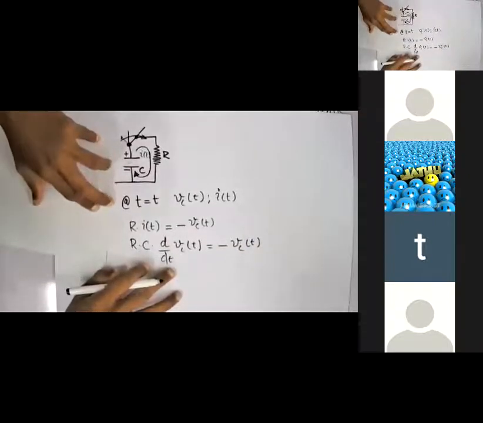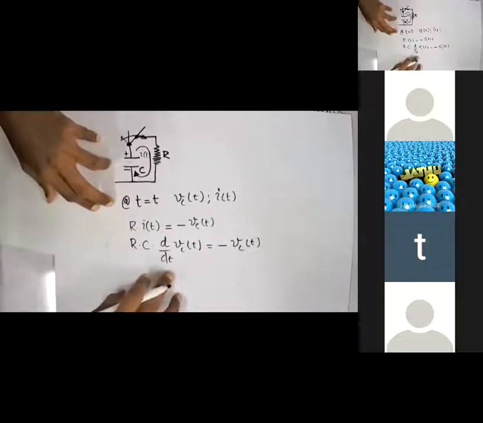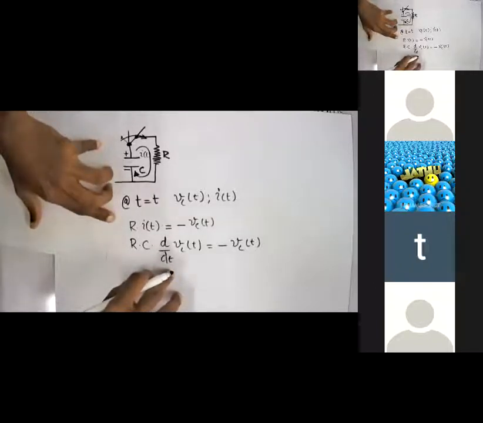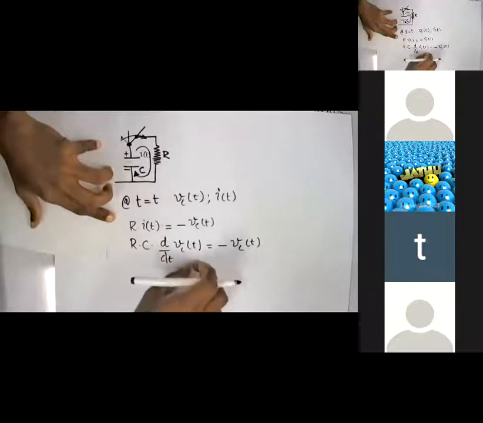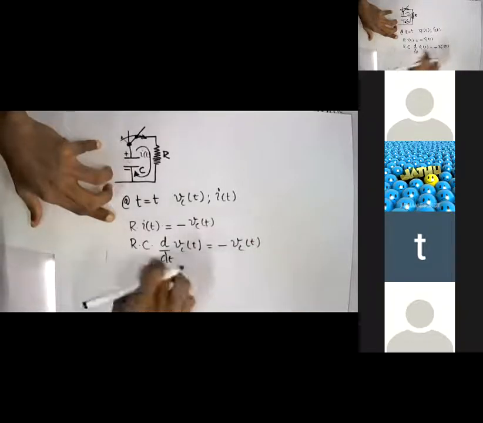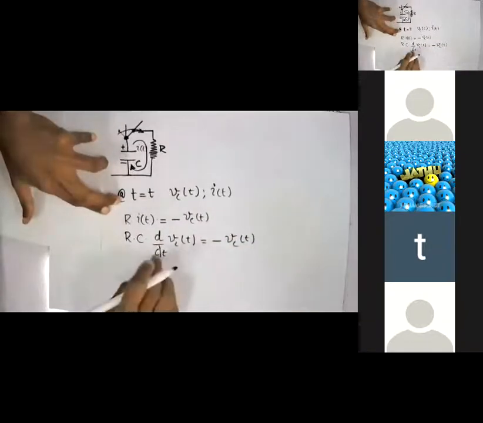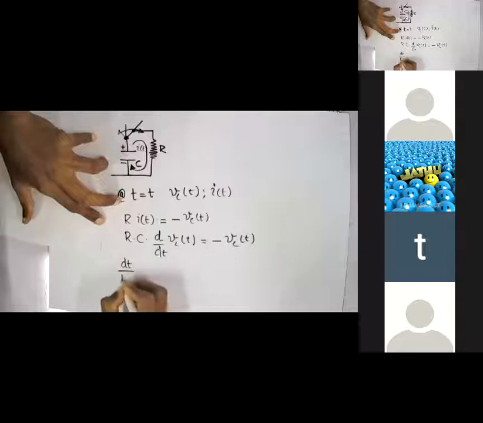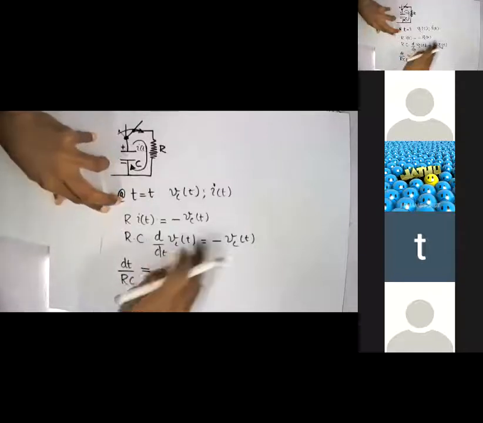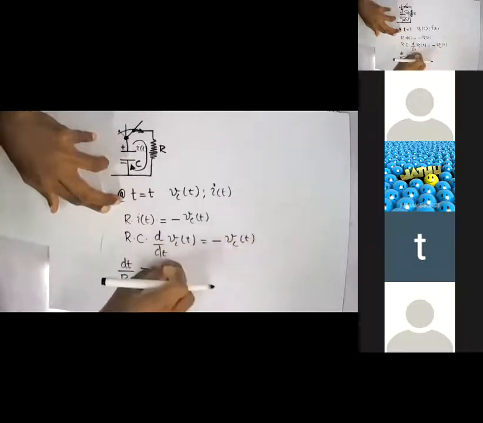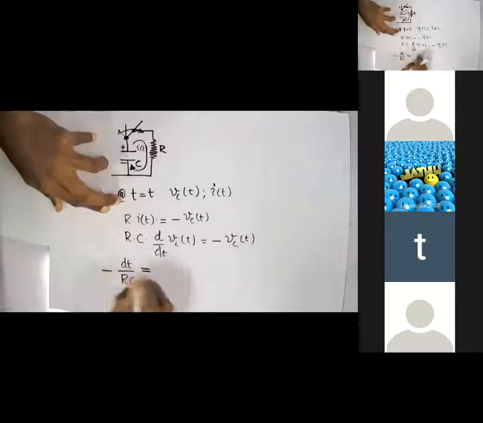Clear, right? Now what I can do is integrate both sides. I can bring this dt there and RC down. So dt by RC equals minus dVc of t divided by Vc of t.